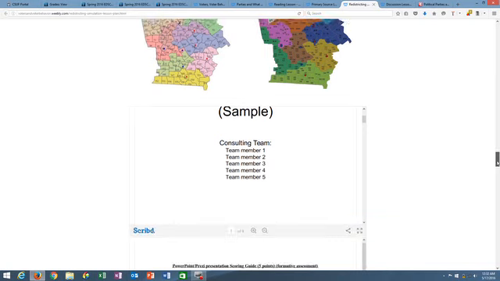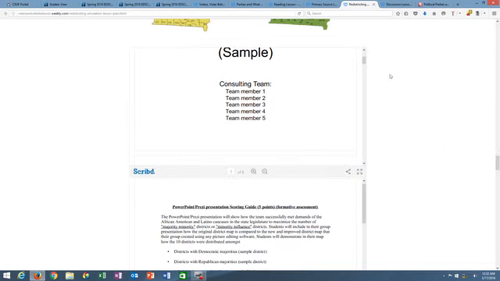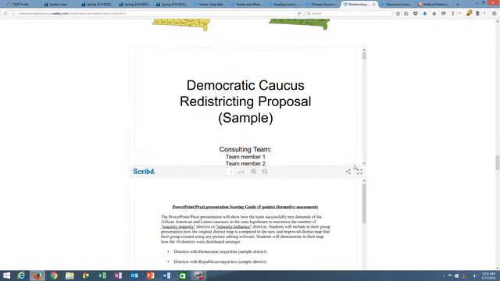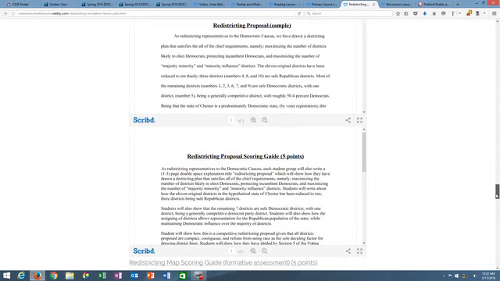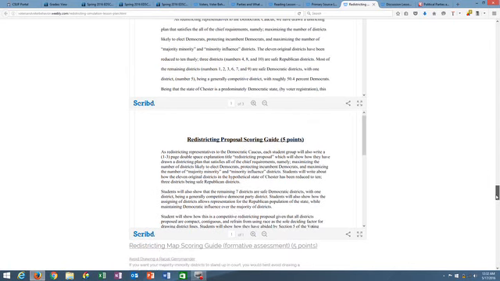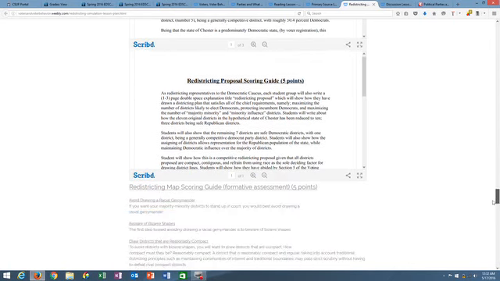They also have PowerPoints that I have here. I have a sample PowerPoint that they can use with the scoring guide for the PowerPoint as well, and they'll have this redistricting proposal ready to fill out as well.